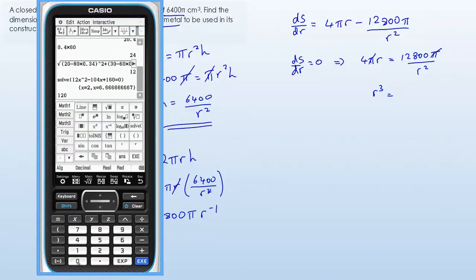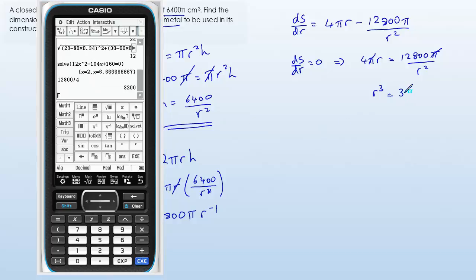12,800 divided by 4. I've actually got there in my head before I actually did it on the calculator, but never mind. And so r is going to be the cube root of that.